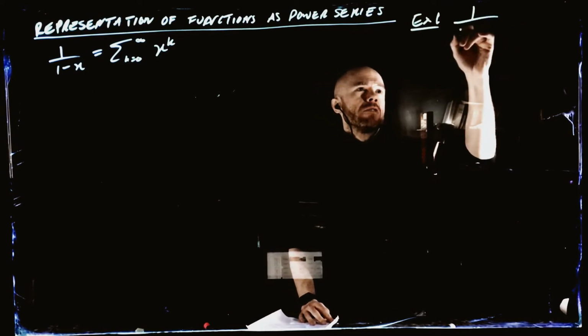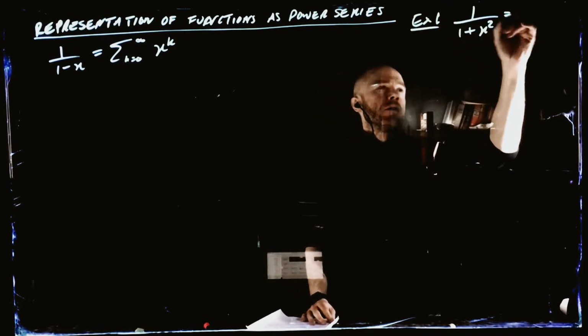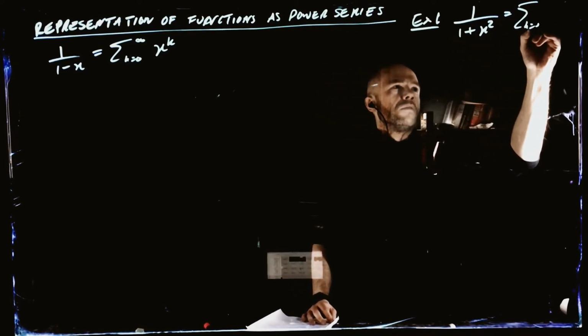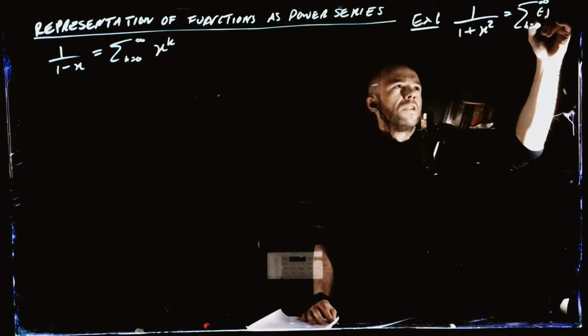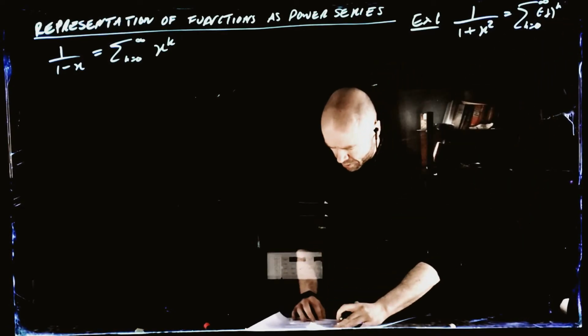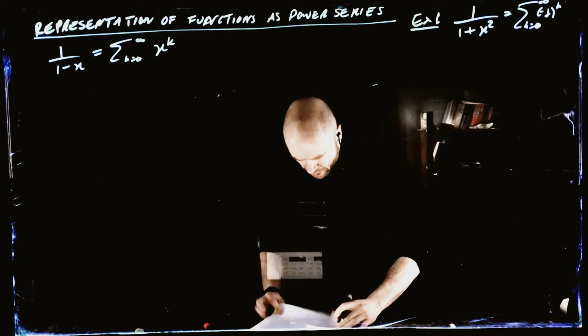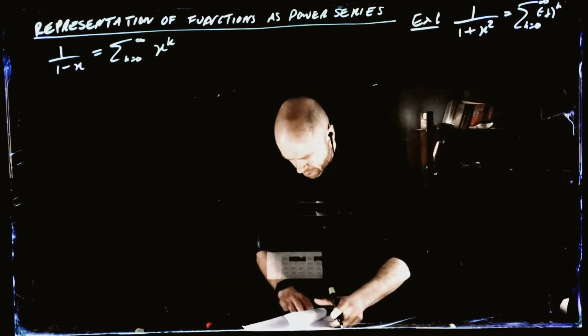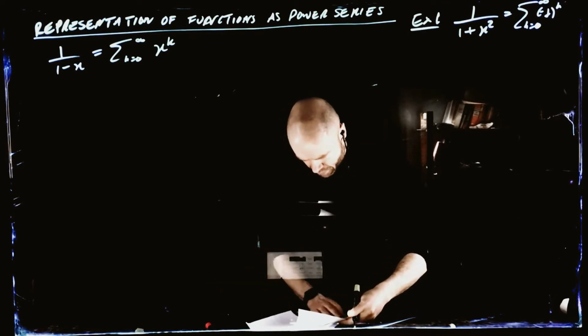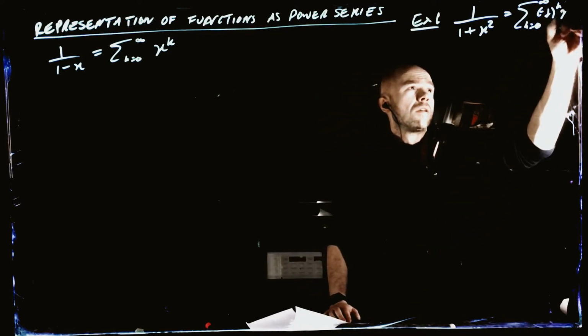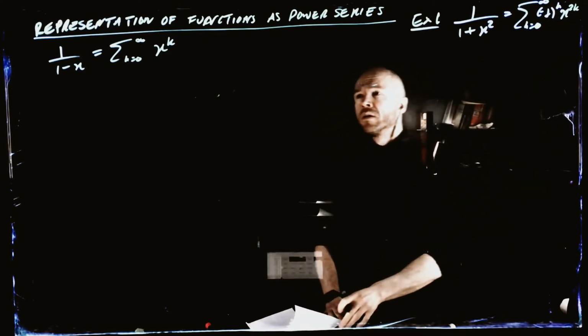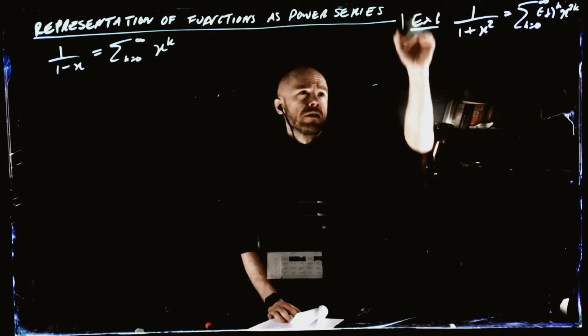We found that we can represent 1 over 1 plus x squared as the sum k equals 0 to infinity of minus 1 to the k, x to the 2k, I believe. Right, and how did we do this?